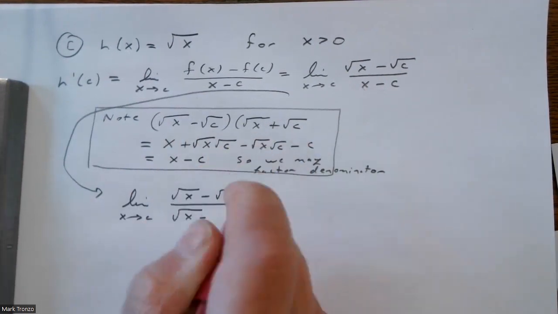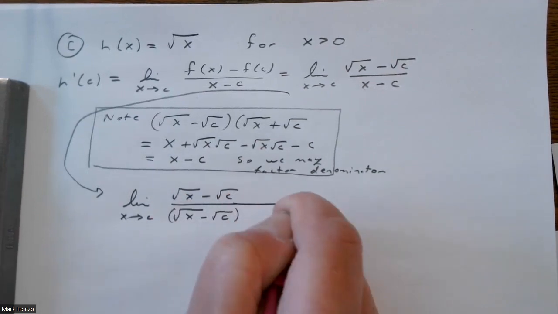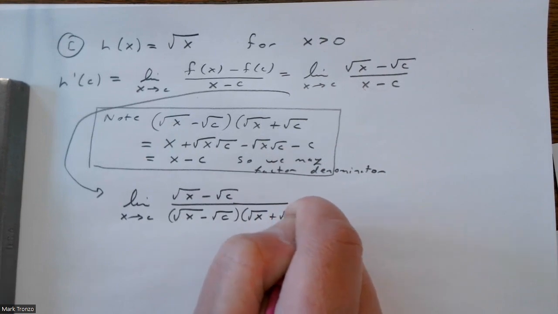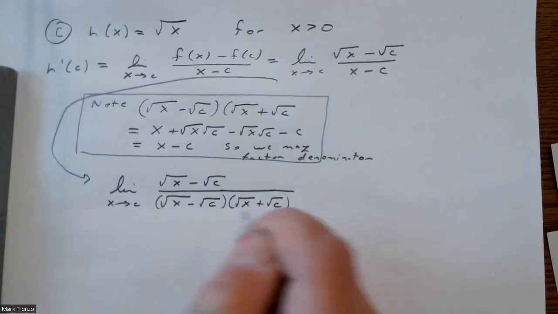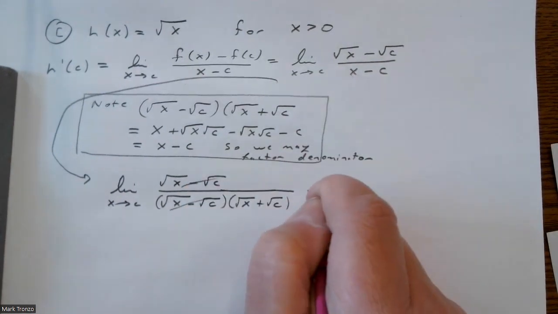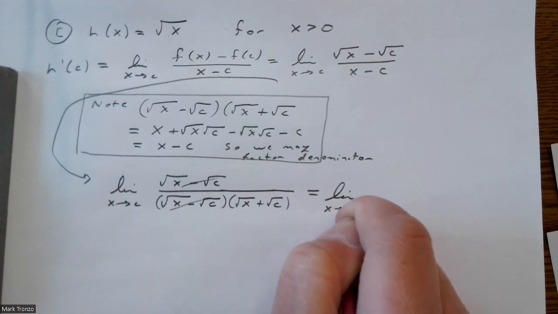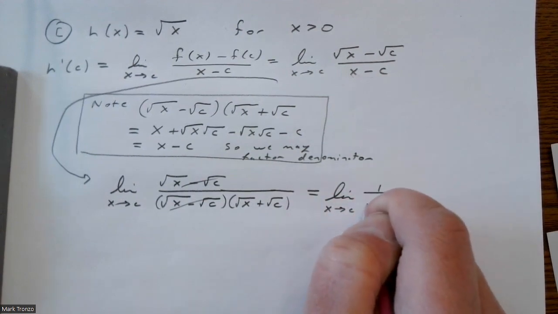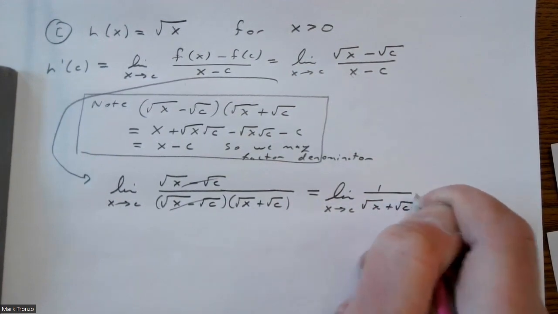We can factor this into the square root of x minus square root of c times square root of x plus square root of c, like this. And then these will cancel, and we have the limit as x approaches c of 1 over square root of x plus square root of c.